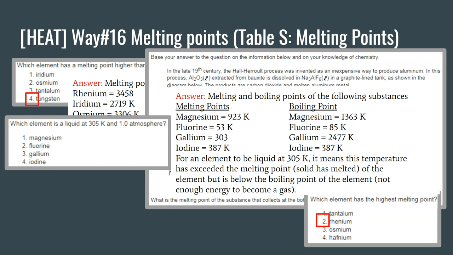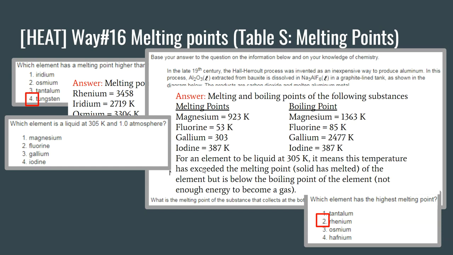Okay, for an element to be liquid at 305 Kelvin, it means that the temperature has exceeded the melting point, meaning the solid has melted by this temperature, but it has to be below the boiling point. Boiling point is the point at which a liquid becomes a gas. So we're looking for an element that falls between the melting point and the boiling point at 305 Kelvin.